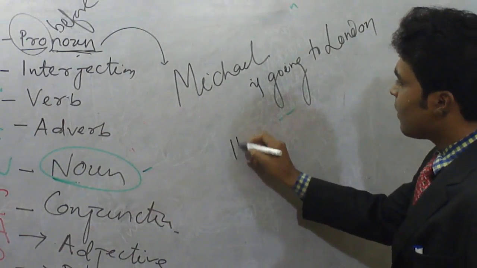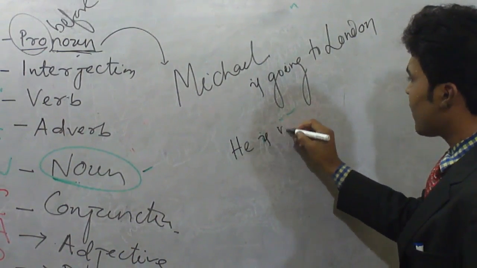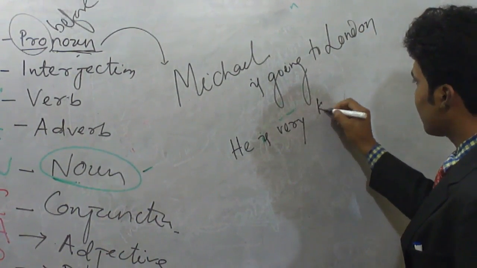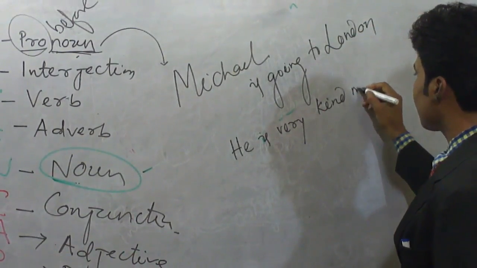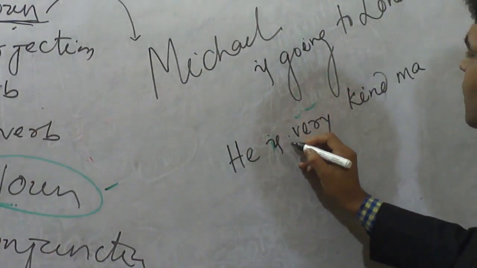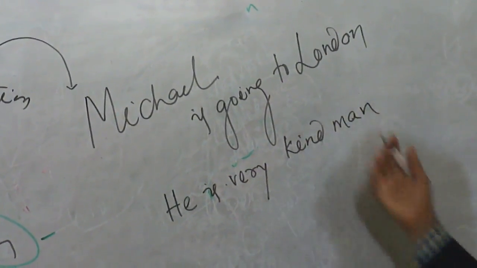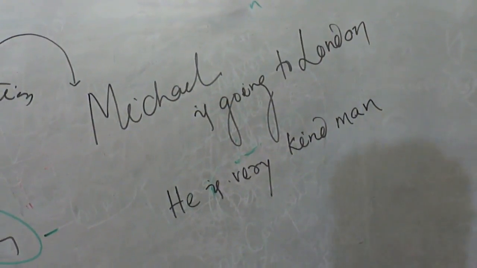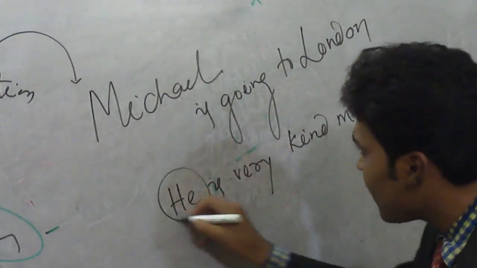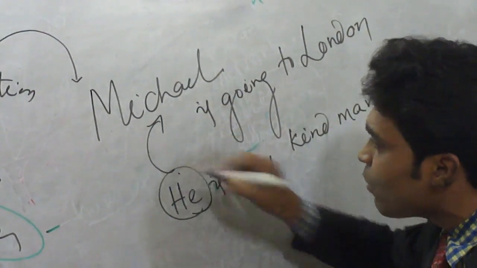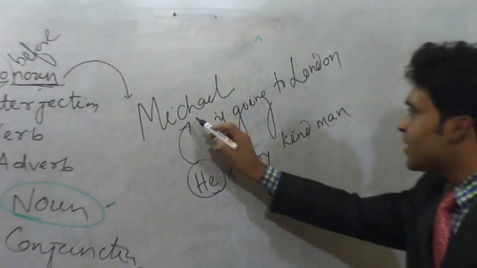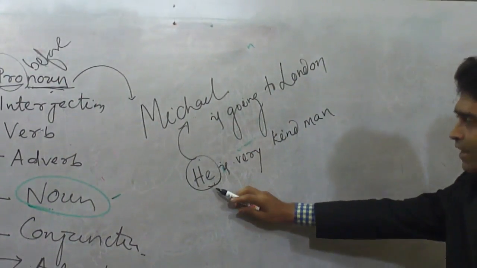And he is a very kind man. He is a very kind man, or you can write, no problem. So this he, instead of Michael, I am using. Are you getting my point? Instead of this Michael, I am using he.